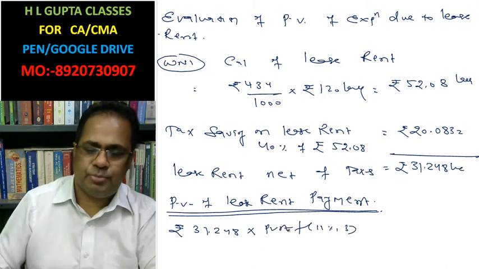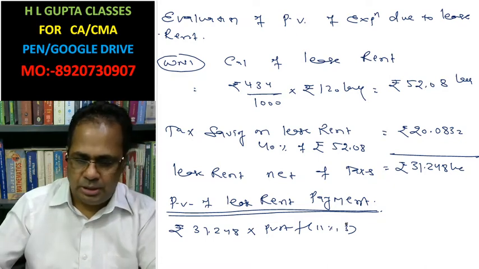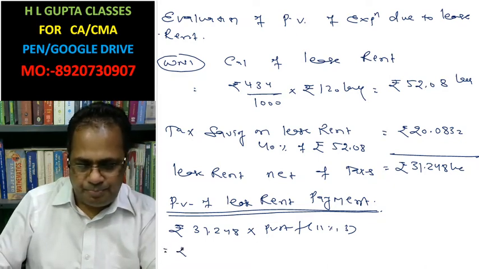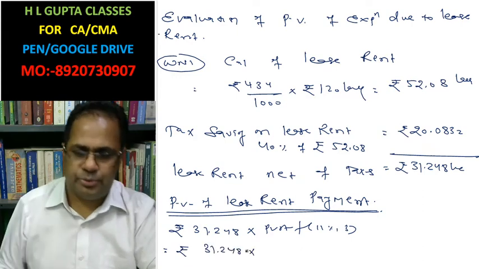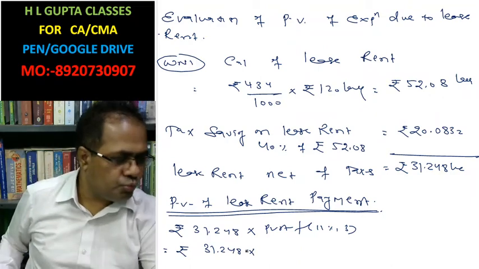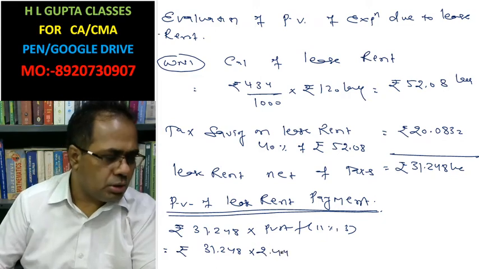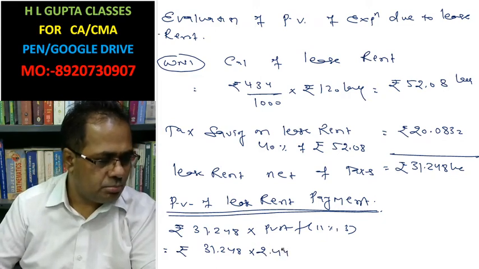Lease rent is taken for 3 years, so this will be rupees 31.248 into the present value factor for 3 years, which is 2.4437.